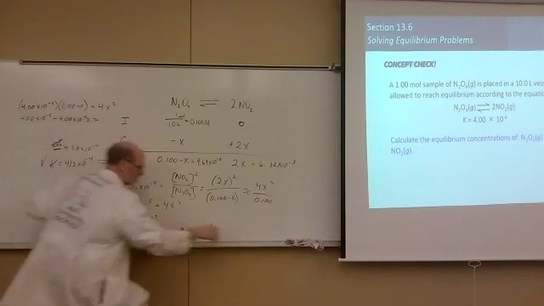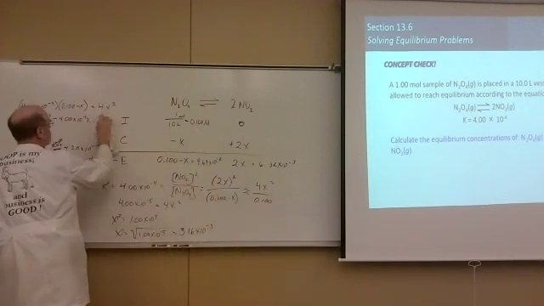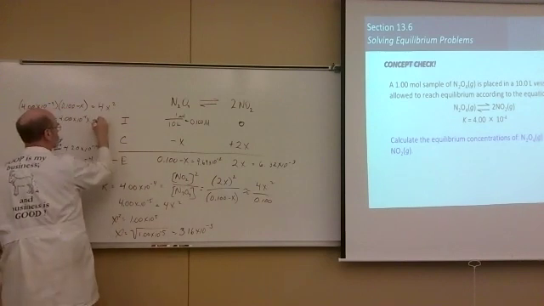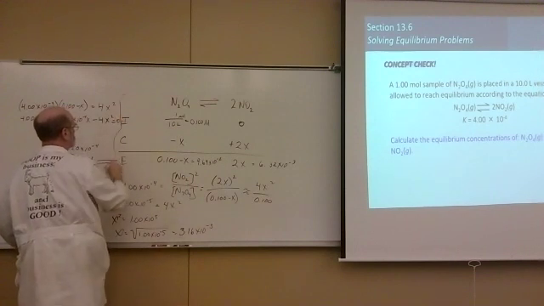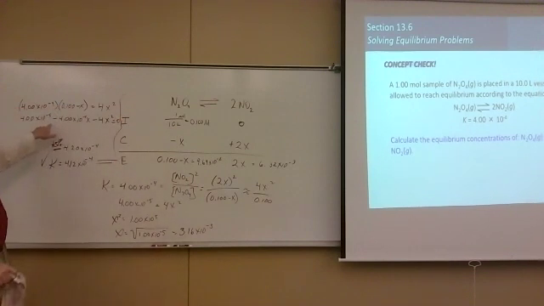Oops. And we'll move this one over too. Minus 4x squared equals 0. Now you can solve that quadratically. Okay?